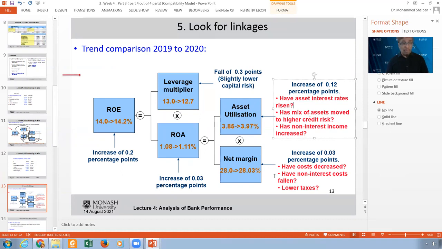Now, the net profit margin has actually decreased. So have the costs actually decreased? Have non-interest costs fallen? Or is it because of low taxes? These are very nice and legitimate questions.